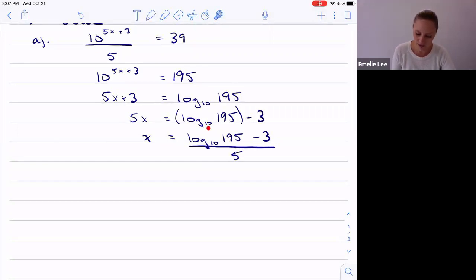You don't need to write the log base 10. We talked about this being the common log, so for a log base 10 you can just write log, for base e you can write ln, and for all the other bases you would have to specify. You don't need it in brackets. If what you were doing was log base 10 of 195 minus 3, like this, you would need brackets.